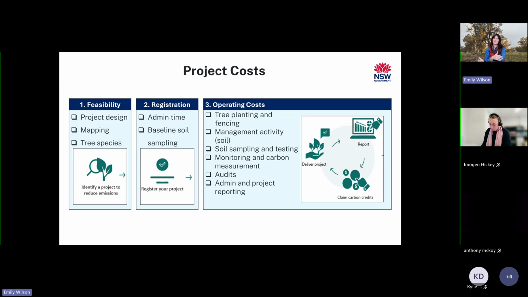And this is where carbon companies can come in. They offer a full management option and have the in-house expertise to do them themselves. So they can be a bit of a one-stop shop. They can partner with a farmer to handle project compliance, management, and even cover some of the costs.